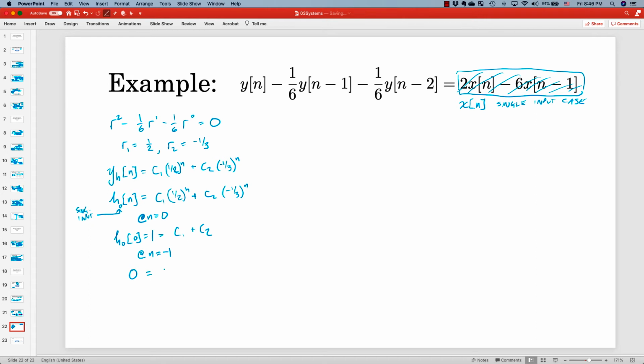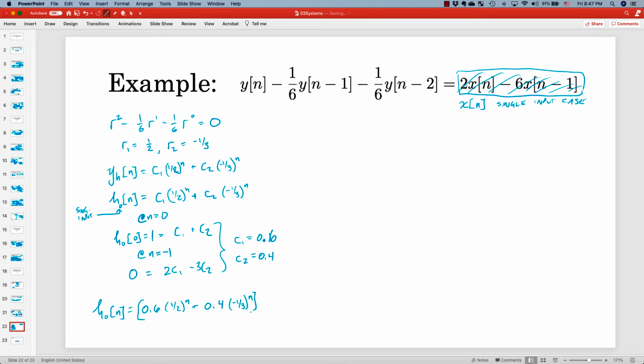And then the right-hand side simplifies to 2c1 - 3c2. If I solve this system simultaneously, I get c1 = 0.6 and c2 = 0.4. So that tells me that at least in the single input case, the impulse response is comprised of two modes, and it's 6/10 the first mode, (1/2)^n, and it's 4/10 the second mode, which is (-1/3)^n.